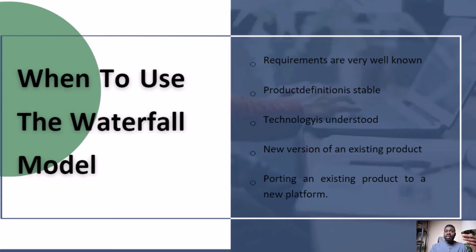Another time to use the waterfall model is a predictable environment. The waterfall model is suitable for projects in stable and predictable environments where external factors are unlikely to impact the project scope or requirements. Small to medium-sized projects.